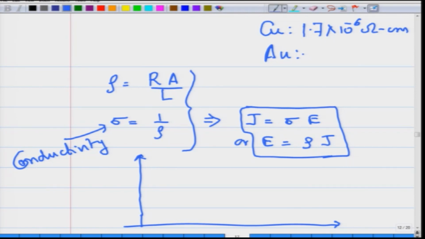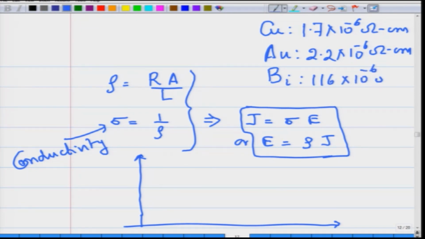Gold has slightly higher resistivity. And if you take, let us say, bismuth, then the resistivity can jump up. Typical values are of this order, that if you look at the resistivity of these different materials, there is a variation in the resistivity.